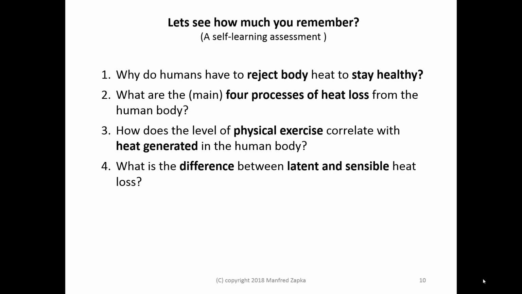The second one, what are the main four processes of heat loss from the human body? Third, how does the level of physical exercise correlate with heat generated in the human body? And fourth, what is the difference between latent and sensible heat? Give it a try, take time, and it really will help you to reinforce your learning experience.